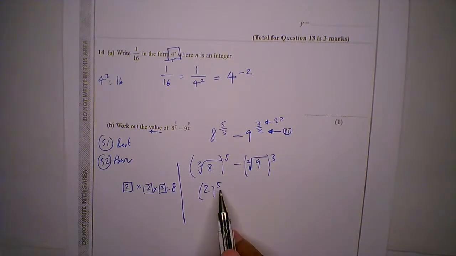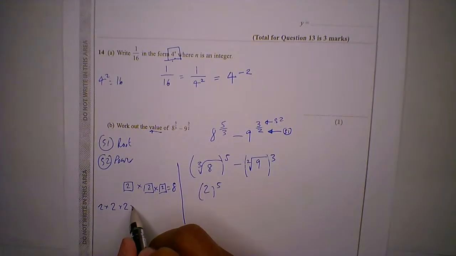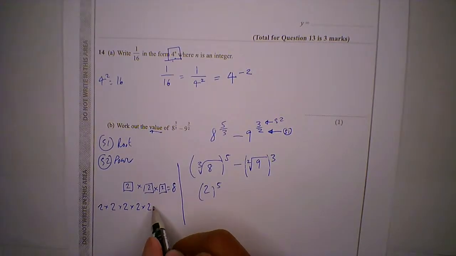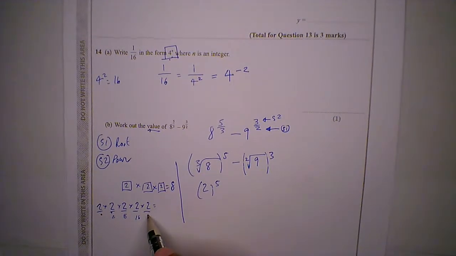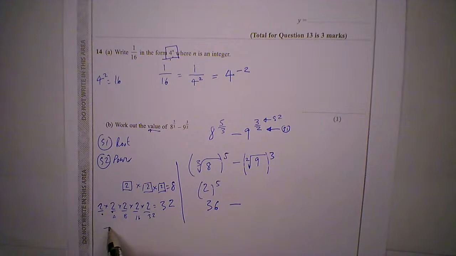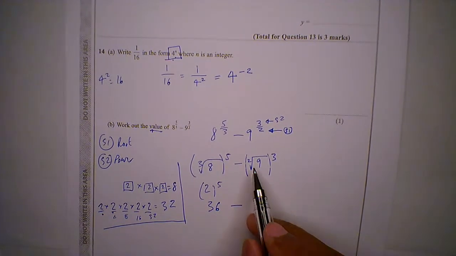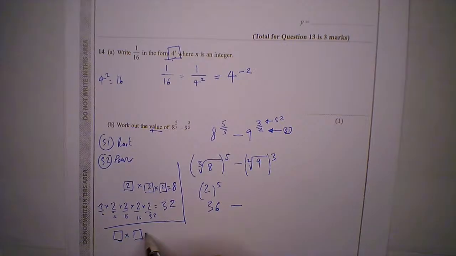So this is 2 five times: 1, 2, 3, 4, 5. 2 times 2 is 4, times 2 is 8, times 2 is 16, times 2 is 32. So this is 32, take away. And so the square root of 9 is 3, because 3 times 3 is 9.